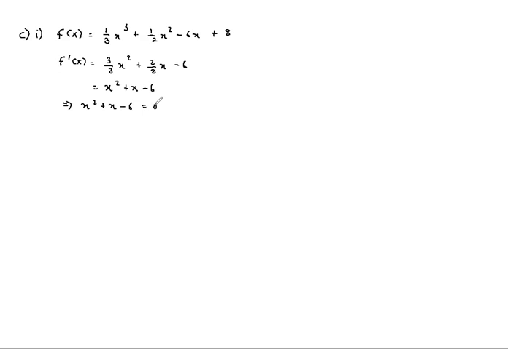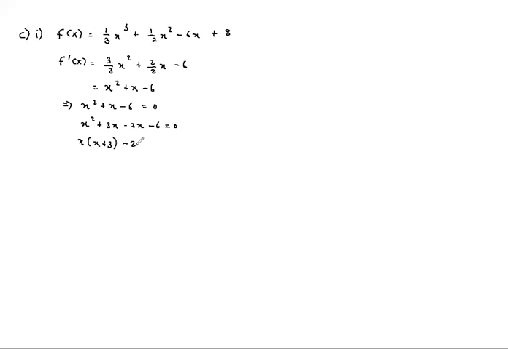So we look for two numbers which when we multiply, we get negative 6, and when we add, we get positive 1. So of course we'll have x squared plus 3x minus 2x minus 6 is 0. So we pull out x, we remain with x plus 3.